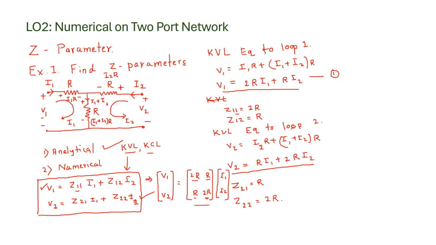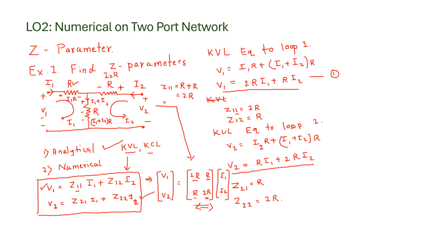Now how can I get this equation? How do I get these values directly from this network? If you just see here, R plus R, how can you find Z11? Z11 is equal to this resistor plus this resistor, so R plus R, it will be 2R. And what is Z12?